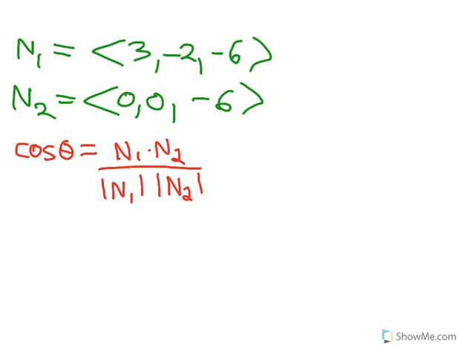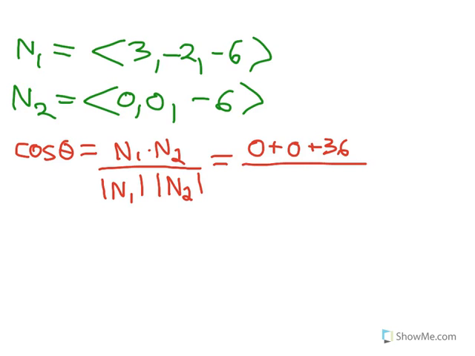Dot product should be very simple to do. You just take first coordinate times first coordinate, add it to the second coordinate times second coordinate, and add that to the third coordinate times third coordinate. So this is 3 times 0 is 0, plus negative 2 times 0 is 0, plus negative 6 times negative 6 is 36. So we've got 36 on top.